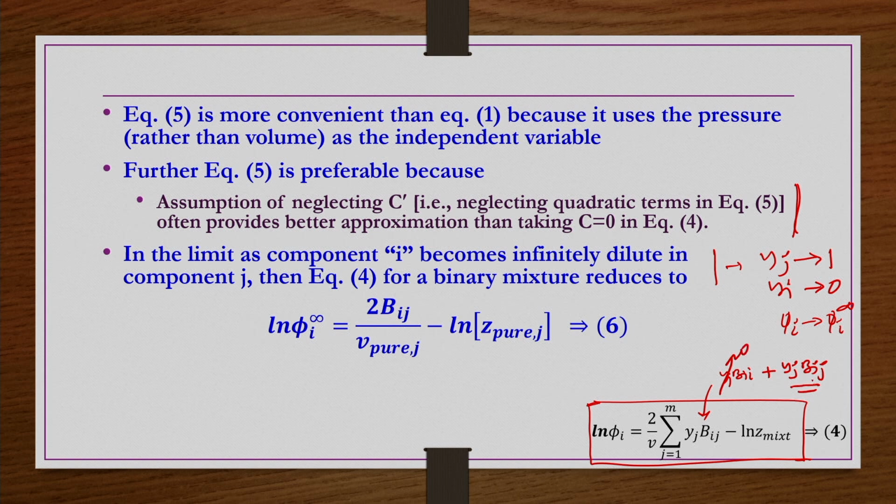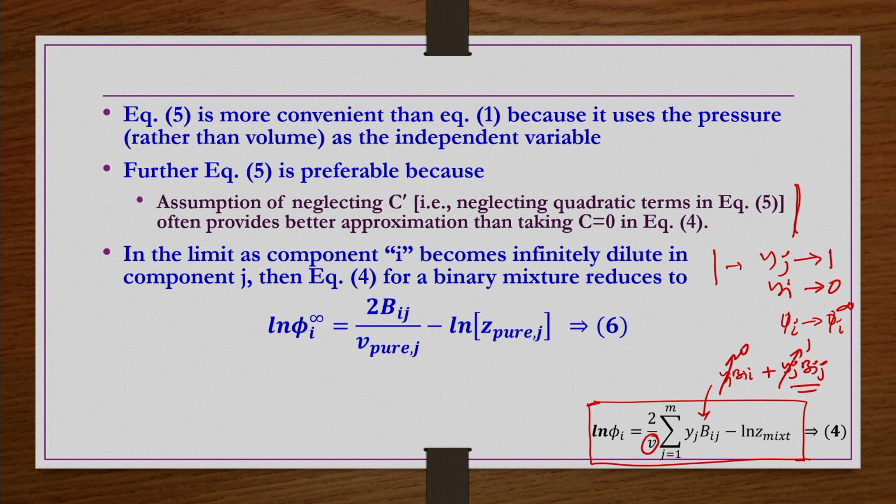So what you have is only yj Bij, and yj tends to 1, so yj Bij is nothing but Bij or close to Bij, since j is present in a large amount, close to 1.